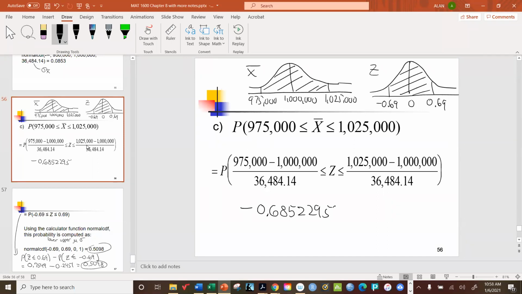The actual value here is 0.685229. Close enough. All right, but you get the idea. In other words, it's off a bit. Of course the chart only goes out to two places, so you have to round it to negative 0.69 and positive 0.69.